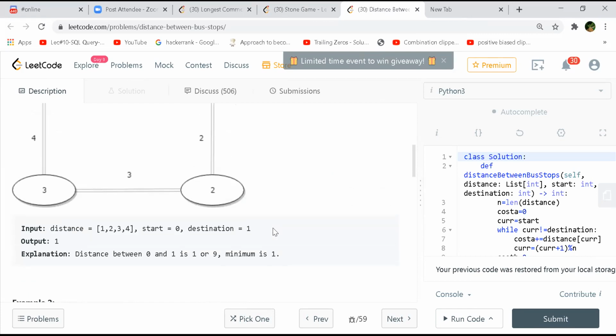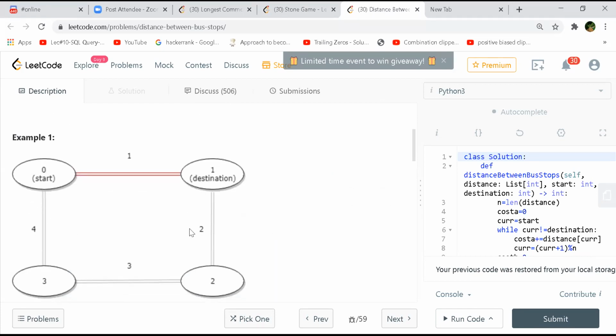So this is your distance array, like 1, 2, 3, 4. This is your start point and this is your destination.